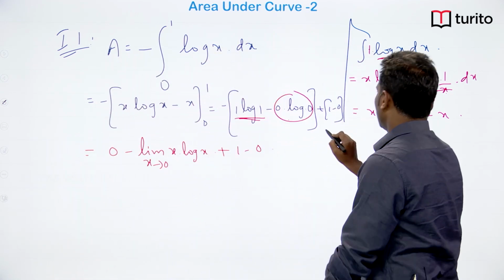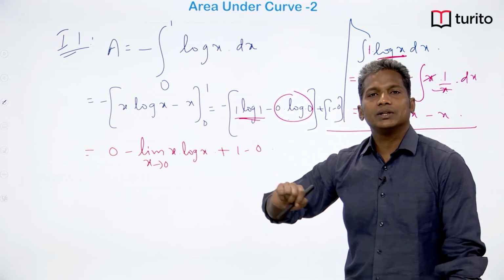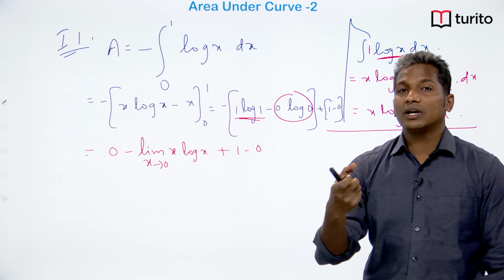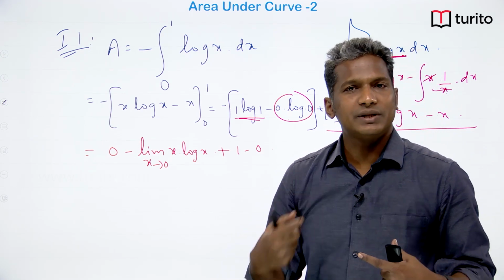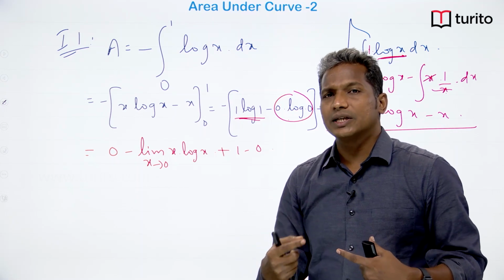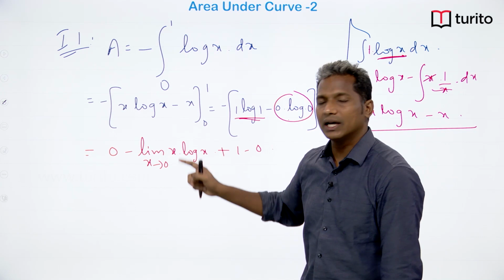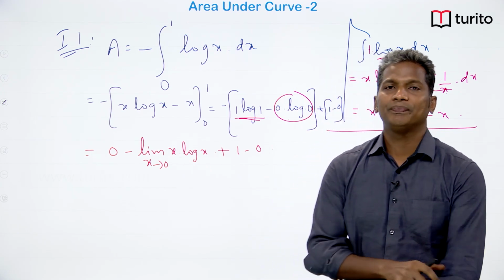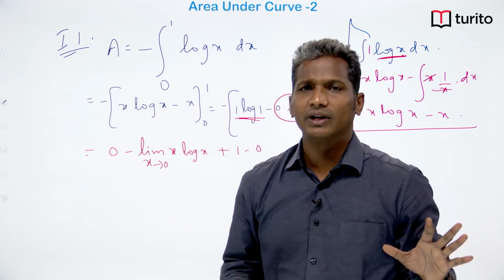So let us check the limit here. When we put 0 here, log of 0 is not defined, but as x approaches 0 from the positive side, log of x tends to minus infinity. So basically here we are handling a 0 into infinity form, and the 0 into infinity form is not in the standard forms of limits.